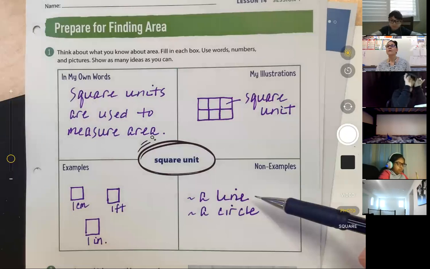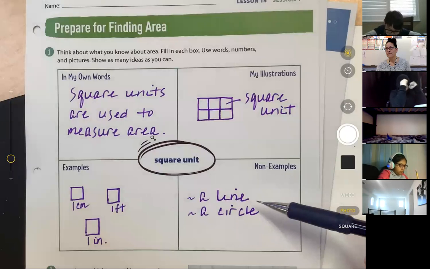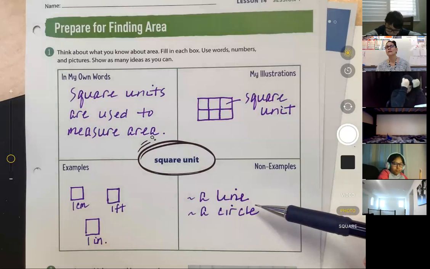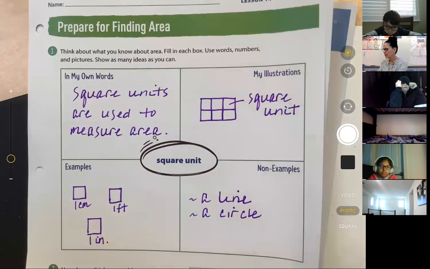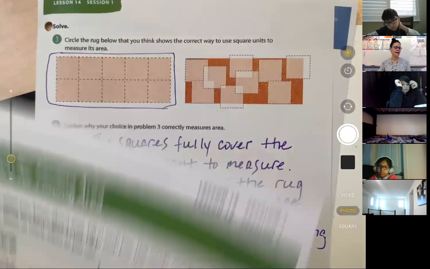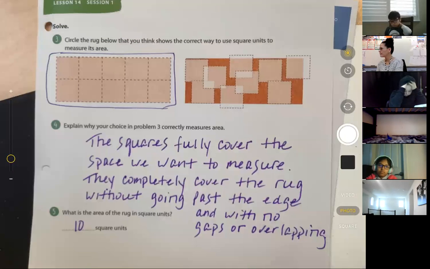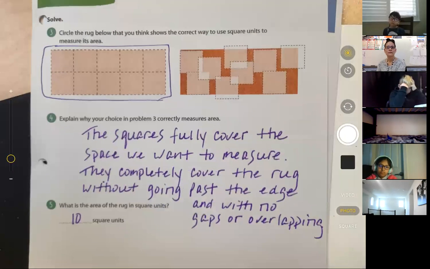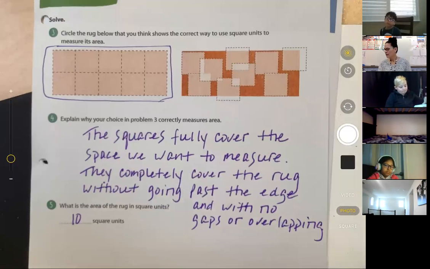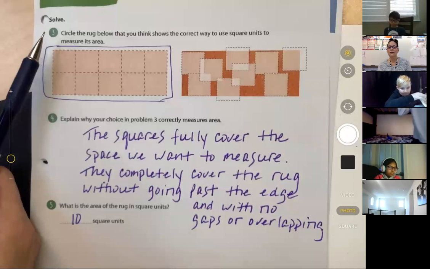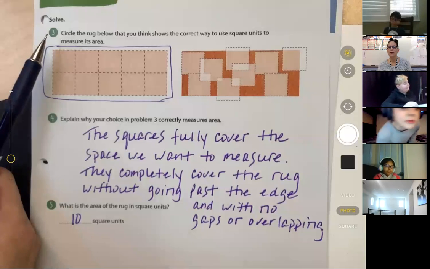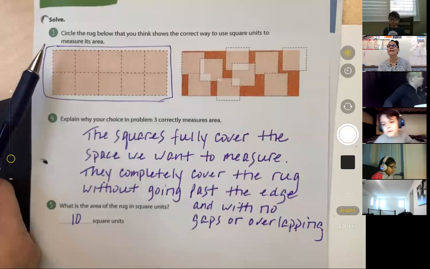And then we talked about non-examples. We were talking about lines and circles, right? And then on page 306, I wanted to take a slightly closer look with you. So on Question 3 up at the top, it's saying to circle the rug below that you think shows the correct way to use square units to measure its area.